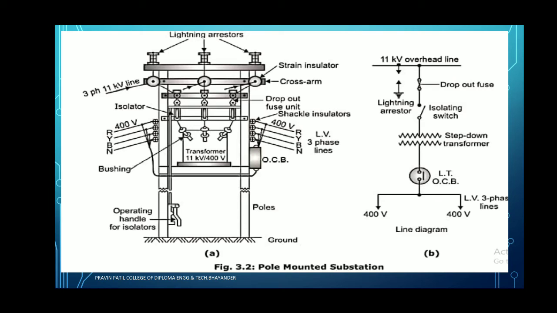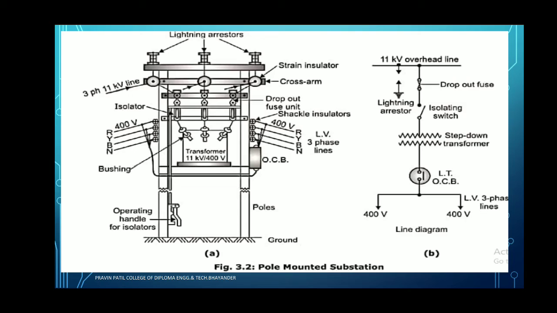So this is the single line diagram representation of the pole mounted 11 kV substation. The main equipment of the 11 kV pole mounted substation is the lightning arrestor, fuse, isolating switch, and step down transformer, which is required to step down the voltage level from 11 kV into 400 volt.